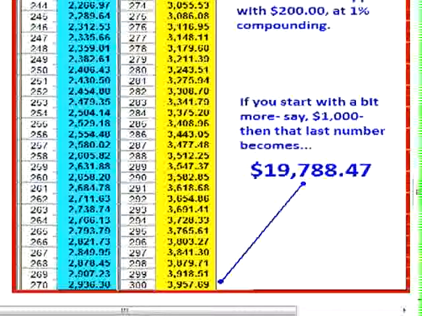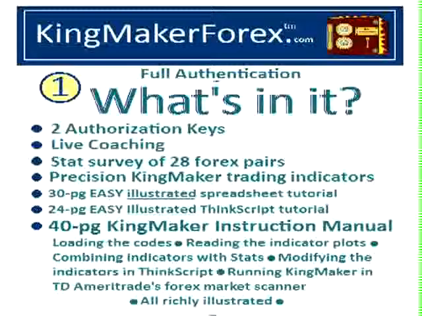At 10 trades a day, you're talking 30 trading days to move your account of $200 up to $3,900, or a $1,000 account up to $19,000. And that is why KingMaker was developed. So if you can be that diligent and limit yourself to small gains, just a nick here and a nick there, that's the kind of success you can have with KingMaker.